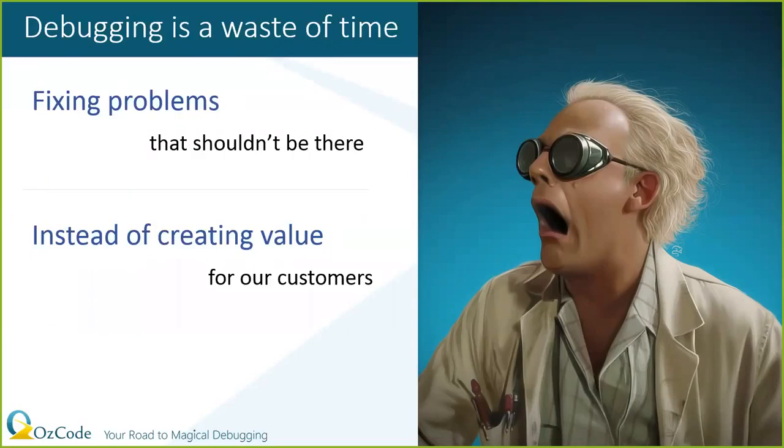You weren't creating better, higher quality code by refactoring your existing code base. You were just fixing something that really shouldn't have been there in the first place. So our objective with Ozcode is to make sure that you spend as little time in the debugger as possible, so that you can spend more time focusing on creating high quality code and crafting cool new features.